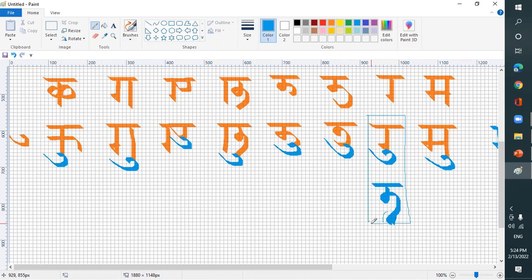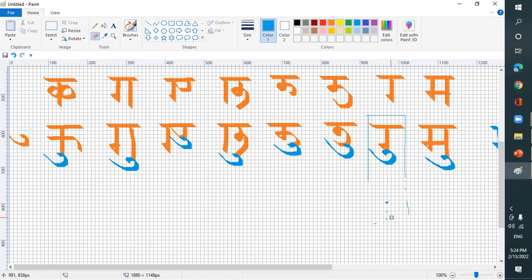So this was about, let me just erase this for some time because I want to show the u matra also. We will do that ru later.